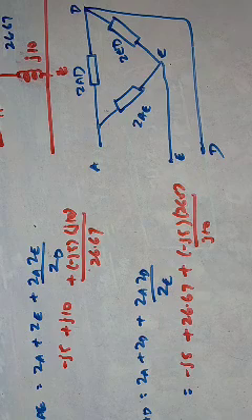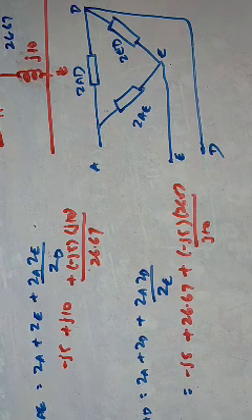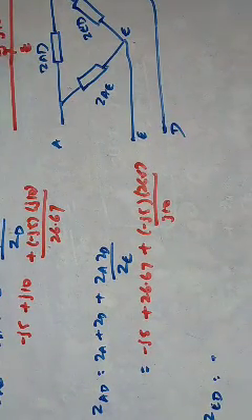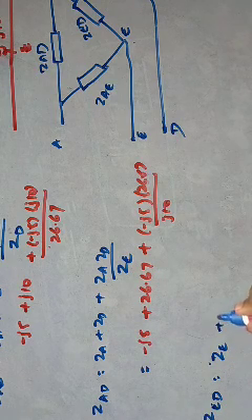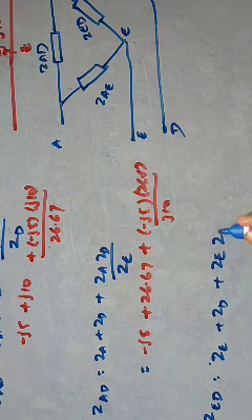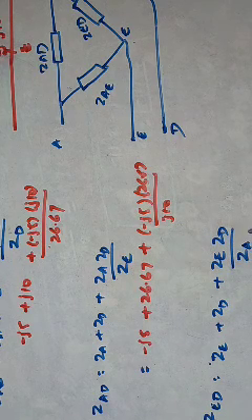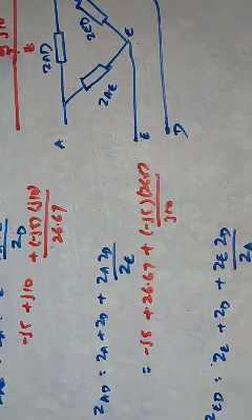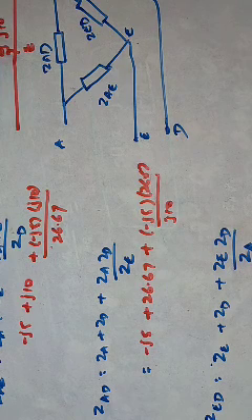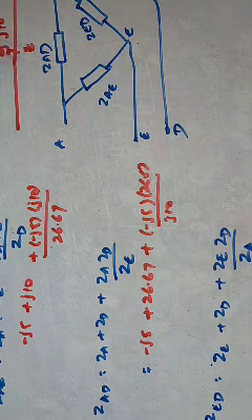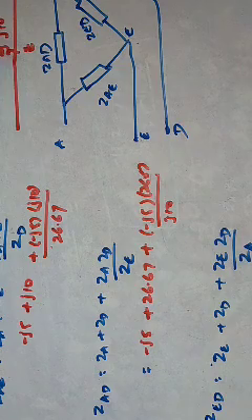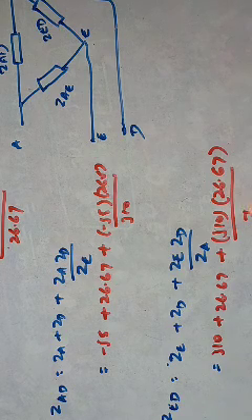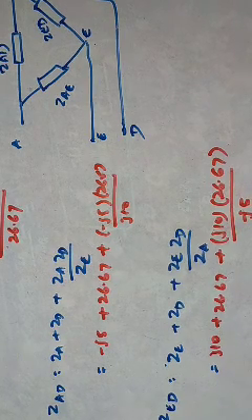Similarly, ZED is equal to ZE plus ZD plus ZE ZD divided by ZA. The values are ZE is J10, ZD is 26.67, J10 multiplied by 26.67, and ZA is minus J5.